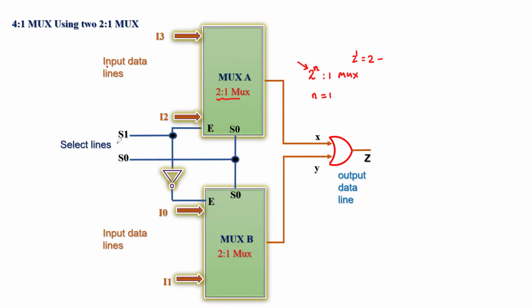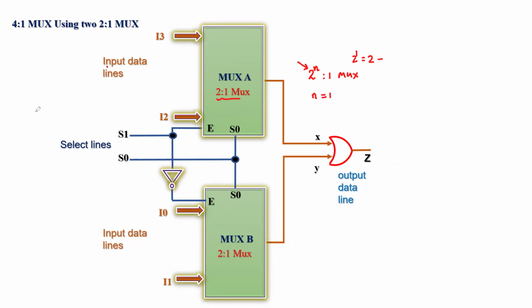For that, we are using another line. We call it select line S1, and that goes directly to MUX A, and to MUX B, that line comes through this NOT gate, logical NOT or inverter gate. This we have done to finally construct the 4:1 MUX.